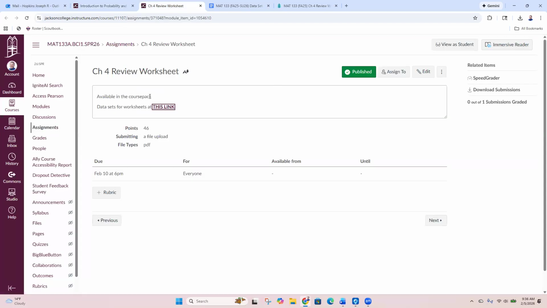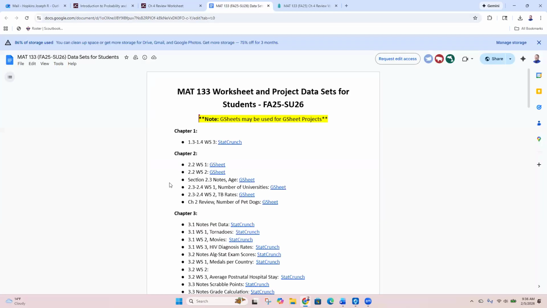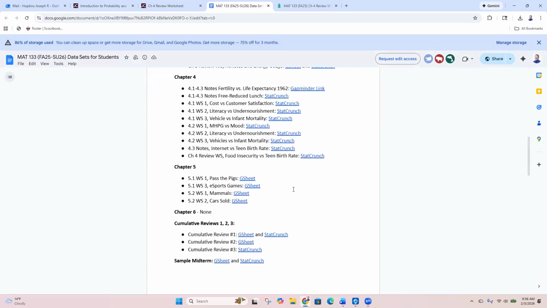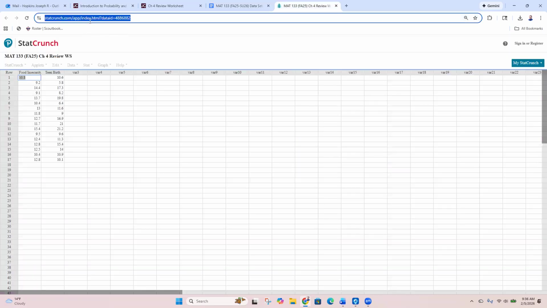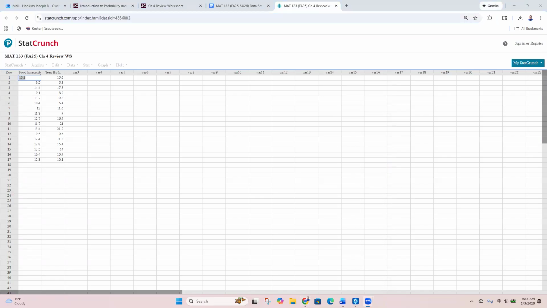Page 365. So if you click on it in Canvas, it'll bring you here. There's a link that'll bring you to this giant Google document that has all the different data sets for all of our different worksheets. There's one data set down here for StatCrunch. I'm just going to drop this in the chat so you don't have to go search for it. Okay.